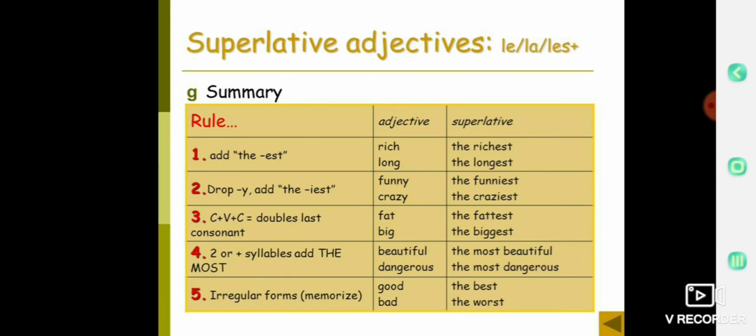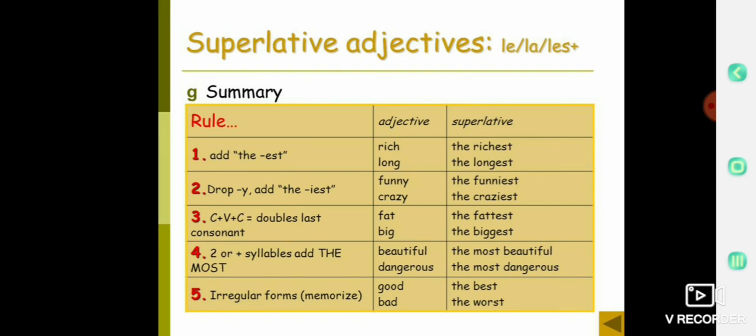In the comparative degree you added more, but in the superlative degree, more will become most. So here: the most beautiful, the most dangerous. The word the is there, you have to add the before the superlative degree. So with these big words like beautiful, dangerous, serious, honest, important, you will add most to it.